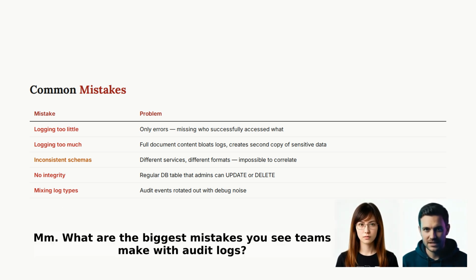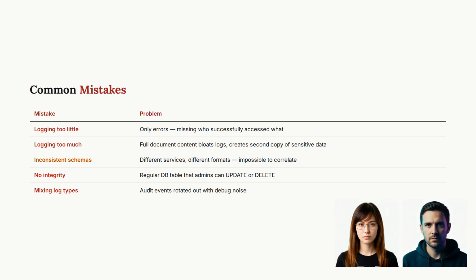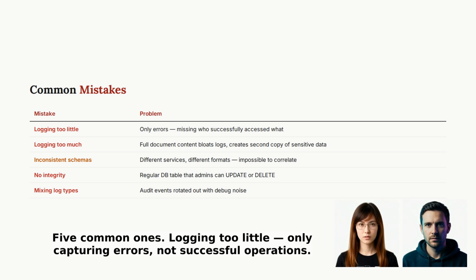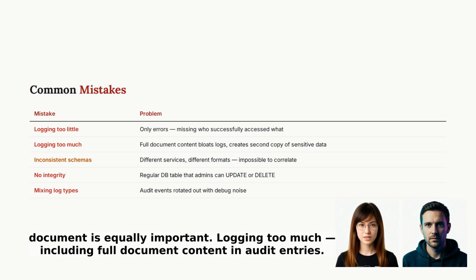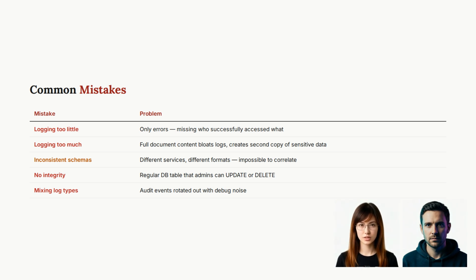What are the biggest mistakes you see teams make with audit logs? 5 common ones. Logging too little, only capturing errors, not successful operations. Knowing that a document access was denied is useful, but knowing who successfully accessed a document is equally important. Logging too much, including full document content in audit entries.